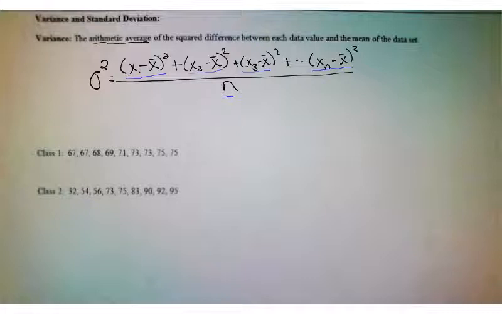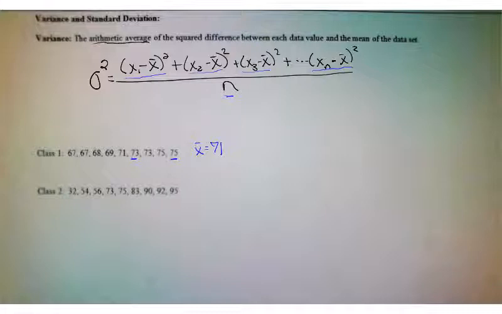So if we look at what exactly these expressions are that we're adding up, x1 minus the mean, what is that talking about? Well, remember that the mean of this data set was 71. What we're really interested in with the variance is looking at how far each data value lives from the mean. So 75 is 4 away from the mean. 73 is 2 away from the mean.